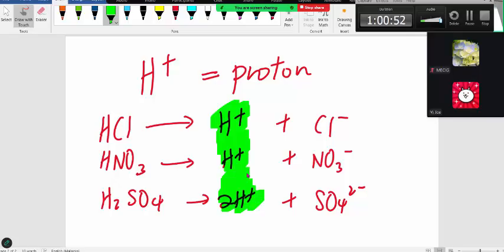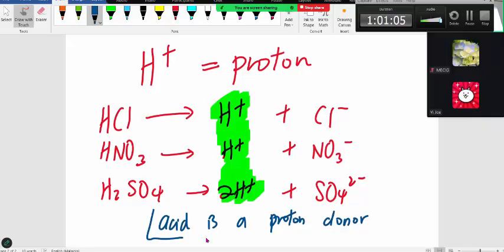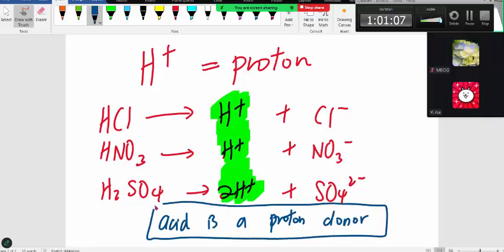But now I'm going to tell you the definition of acid. Acid is a proton donor. This is the definition of acid because all acids will donate proton. Get it? Okay, please write this down. Wait, not yet, alkali. Wait, base first.